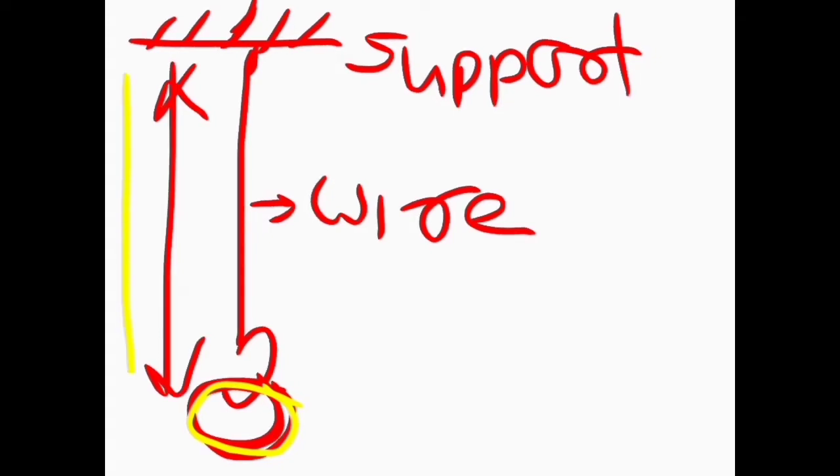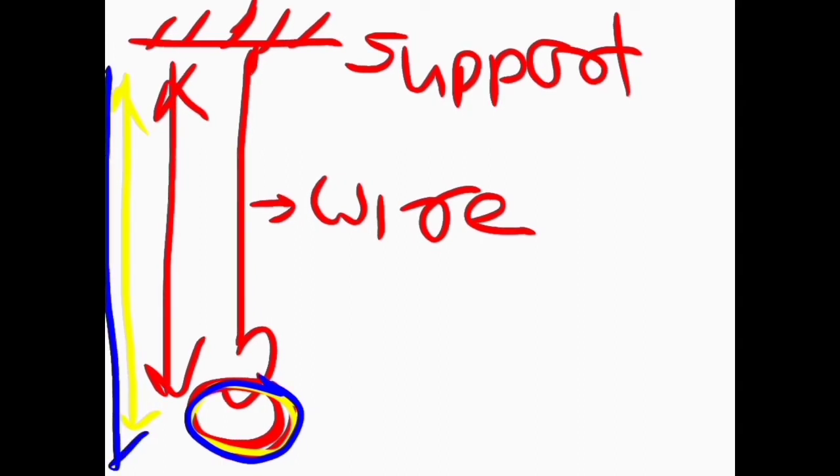See here, when we apply weight to this free end, we get elongation. And again we add some more weight here. It will be elongated more and more, right? See this, this is more elongation. This elongation occurs due to adding load on the free end of this wire.